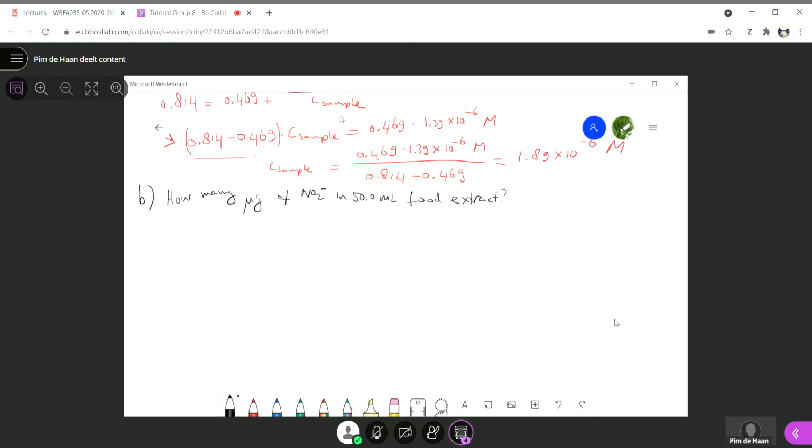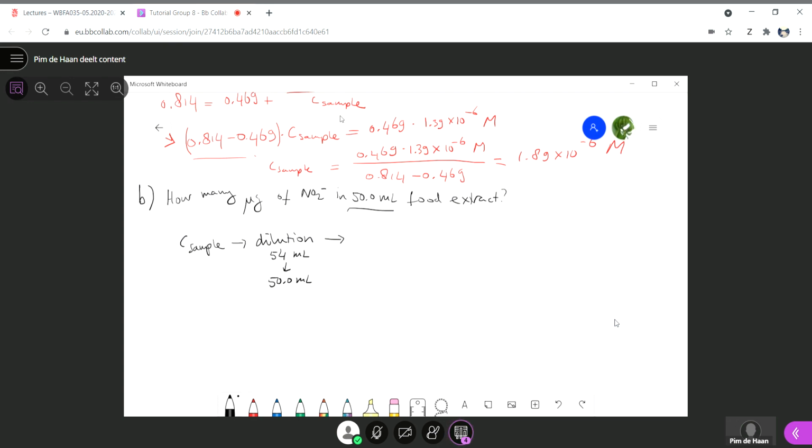So we know the C sample, and we know this is a dilution formally, because we now have 54 ml, and it was originally 50 ml. So we've done a very tiny little dilution here.